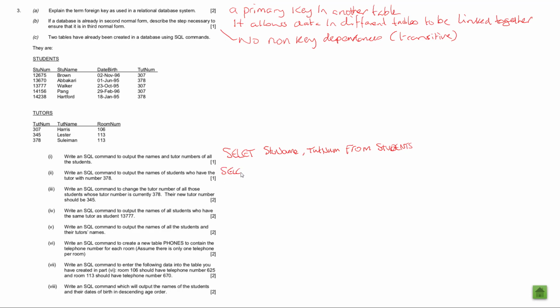So you would go select student name again from students, and you'd need a where command, where you would specify the tutor number, tut num, equals what's specified in the question, 378.